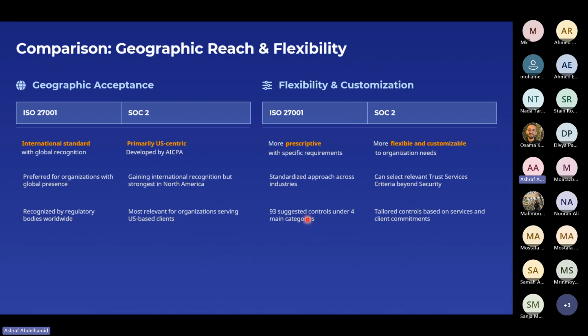The list of controls, if they are applicable; some of the controls might not be applicable. For example, the organization does not have in-house development, so secure development is not one of the applicable controls.